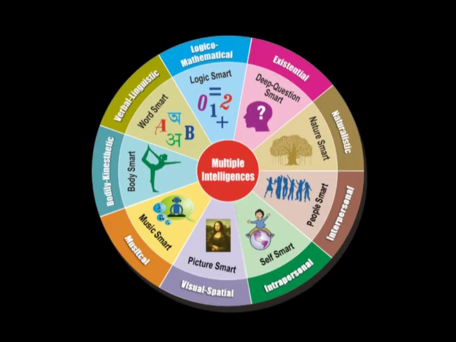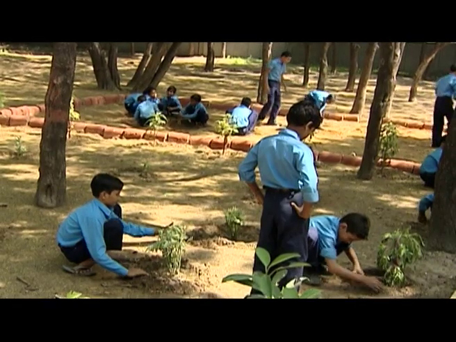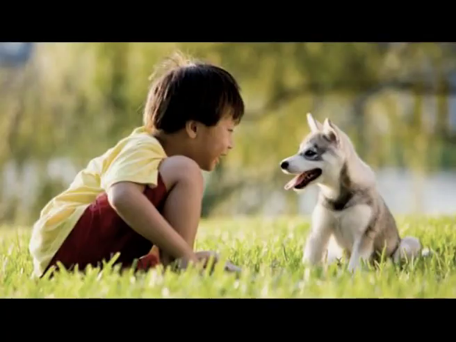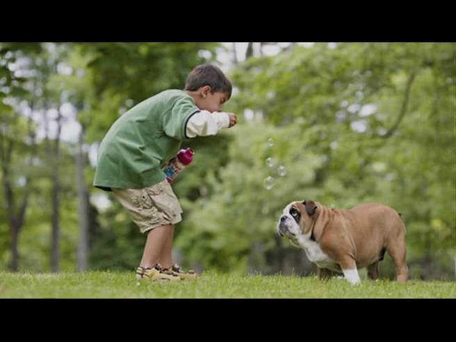The next is called naturalistic intelligence. The intelligence which is used to nurture the environment. You know, there are a lot of people who tend plants very well. They take care of the animals, pets at home. Some of them are so fond that even a street dog, a stray animal, they can't help but go near them and pat them.